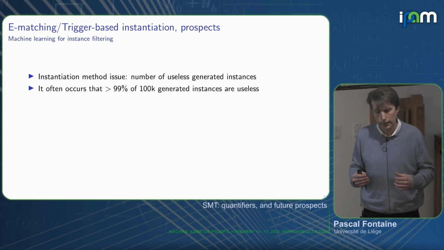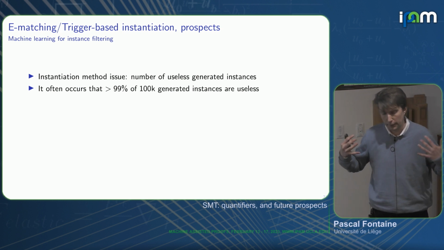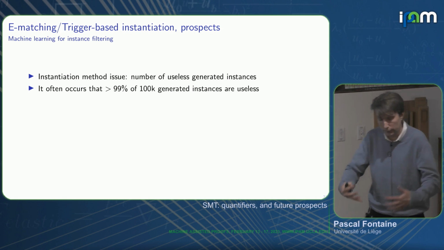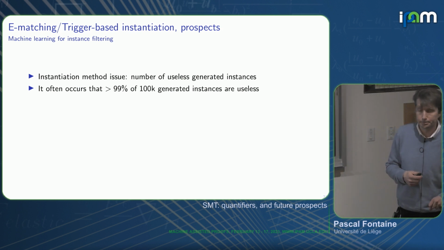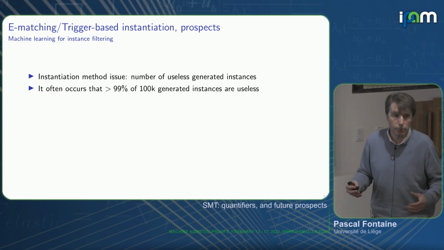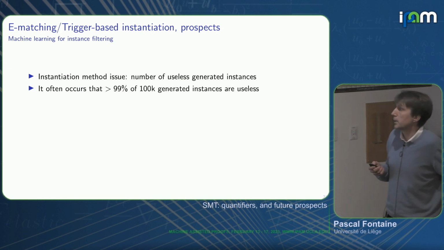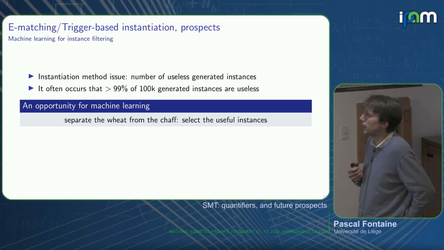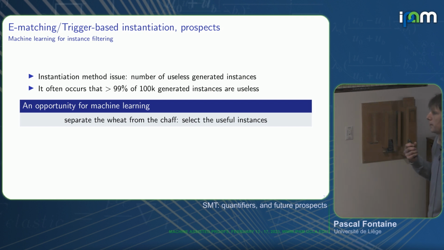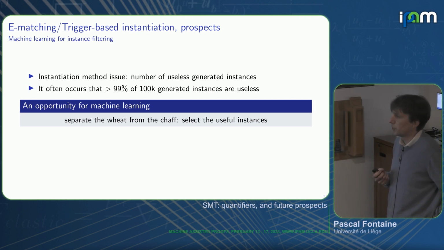So basically, you are generating a lot of work for your ground solver, and at the end, you throw away most of them. So there's a lot of opportunity here, and especially for machine learning. So can we separate the wheat from the chaff and select the useful instances?